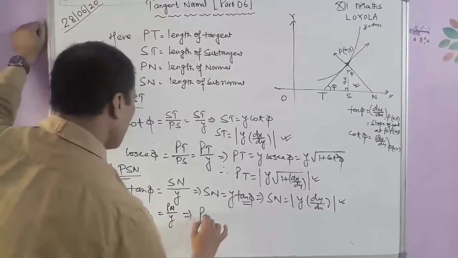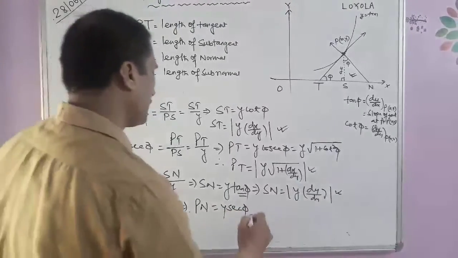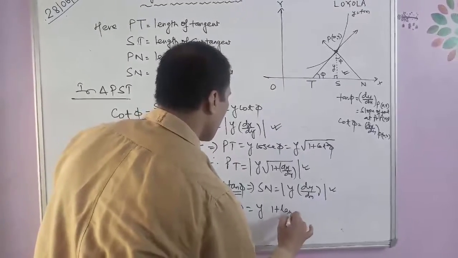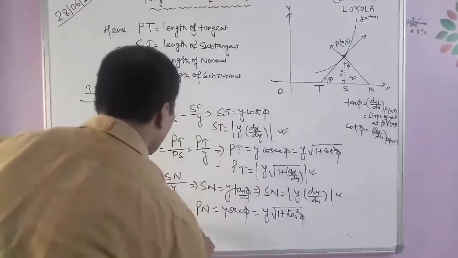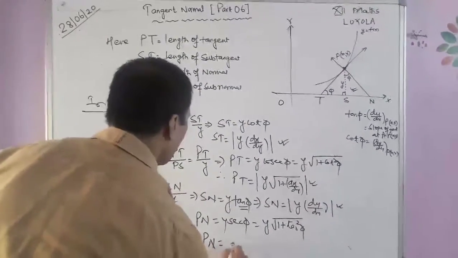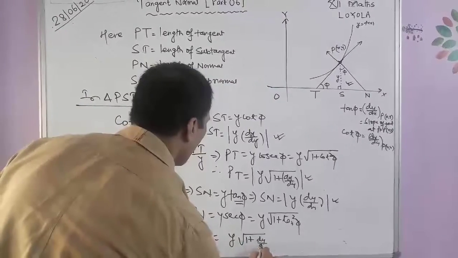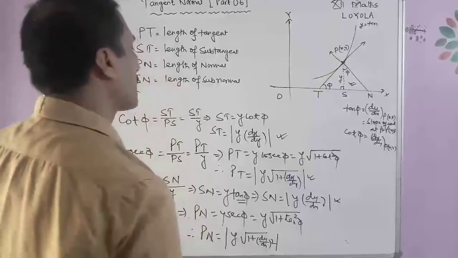This implies PN equal to y sec phi. Y sec phi means y under root of 1 plus tan square phi. Therefore PN equals y under root 1 plus (dy by dx) whole square. We take modulus in practice.